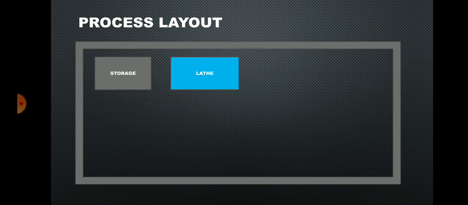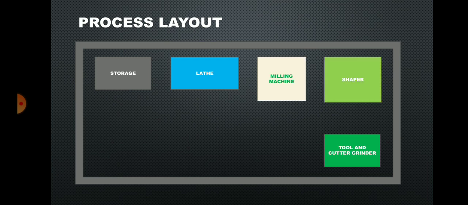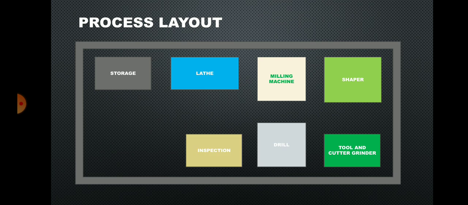Process layout. Here one layout is given which has a storage container, lathe machine, milling machine, shaper machine, tool and cutter grinder, drill machine, inspection tool, bench grinder, and a bin cart recorder.